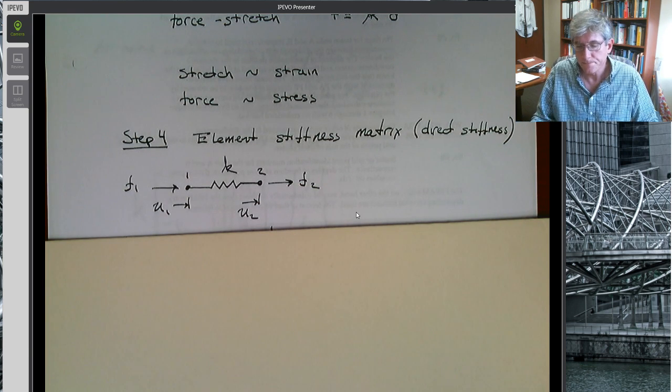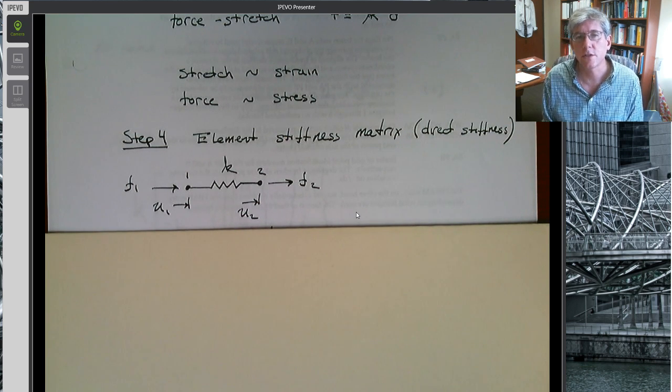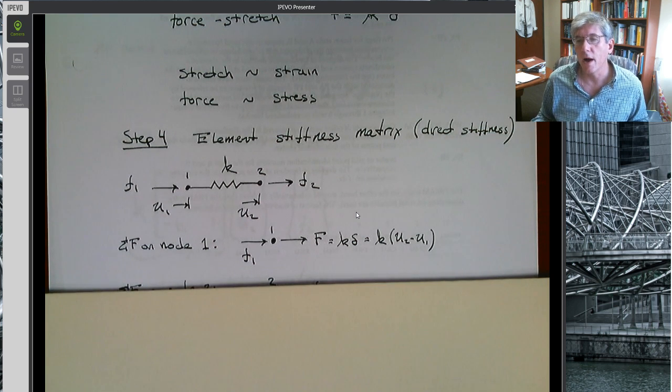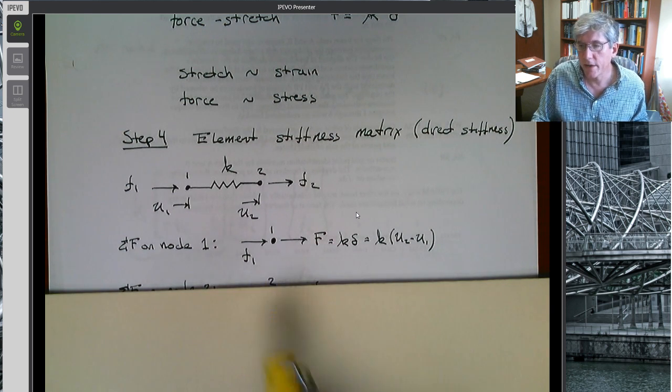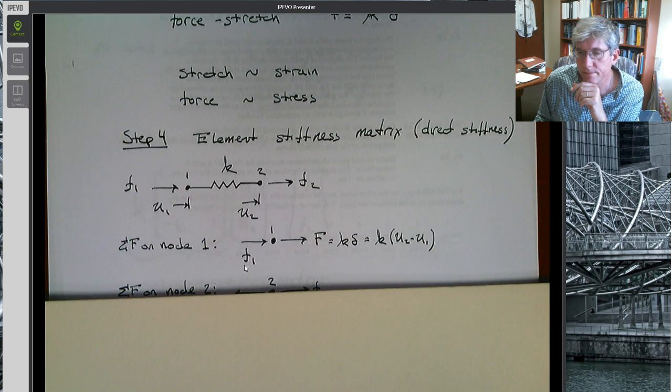So, all right. When we say direct stiffness, or I think the book actually calls this sum of forces, we do exactly that. We just write equilibrium on the two nodes. So we do sum of forces on node 1 as follows. Here you can see, again, the external force acts in the positive x direction, and the internal force acts such that when it's positive, it's in tension, okay?